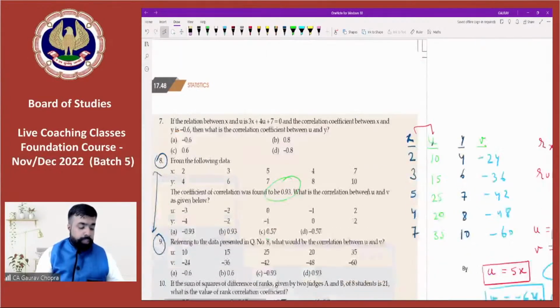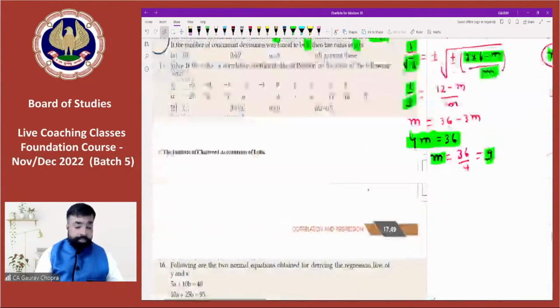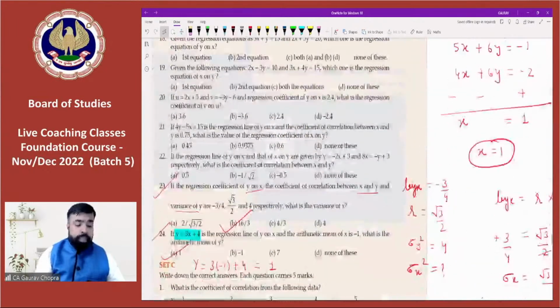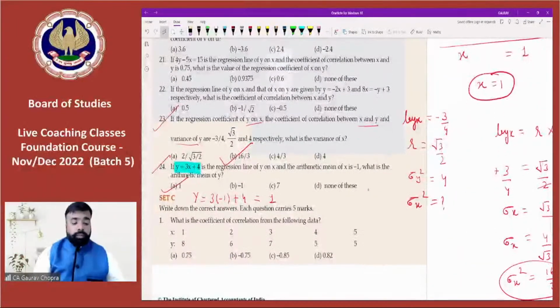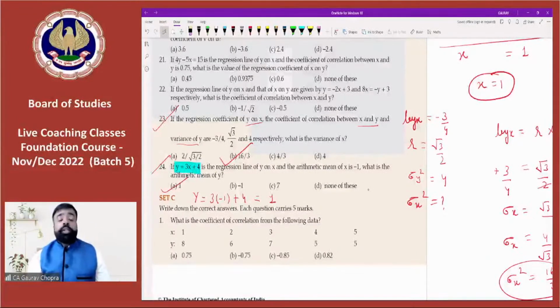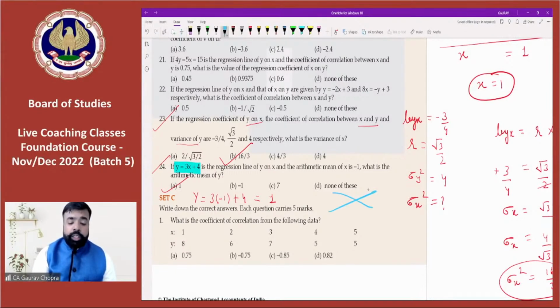Then Zaba is asking in 24, we had calculated arithmetic mean, so why put x bar in place of x? Because of the property. See, in 24, what we had basically learned, according to the property, two regression lines intersect each other at their means. So the intersection point is given by the coordinates x and y.